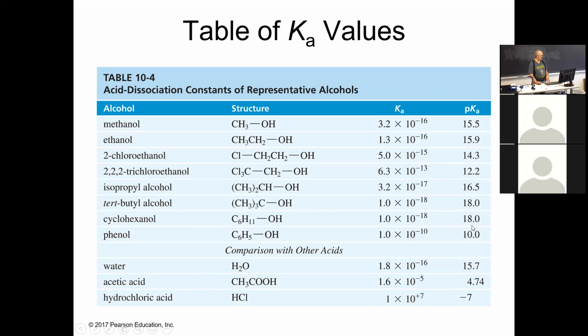Cyclohexanol is about 18, and then phenol is 10. And then just for comparison, again, water's 15.7. Acetic acid, carboxylic acids of course being known for their acidity, is 4.74. So that's more than 10 pKa units less than most of these alcohols, and hydrochloric acid is -7.